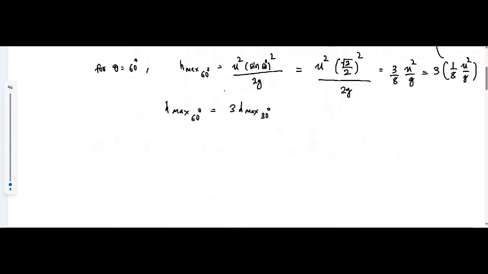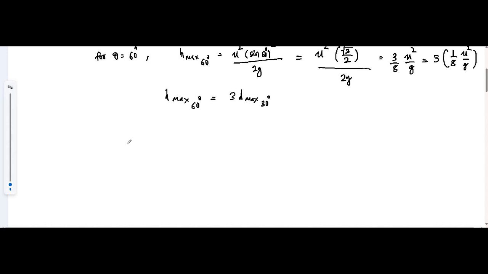Now the horizontal range. The formula for horizontal range is u square sine 2 theta by g.